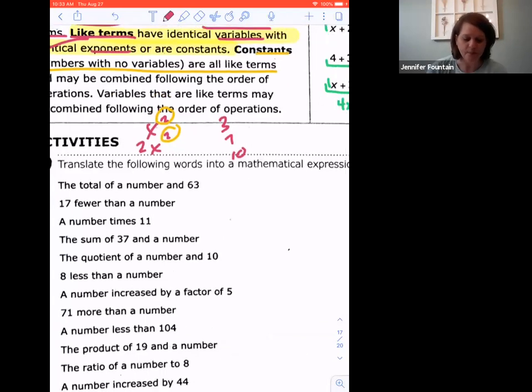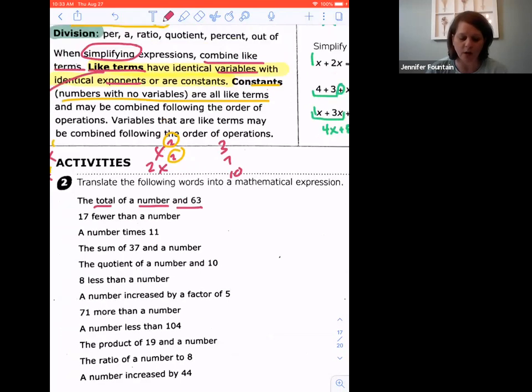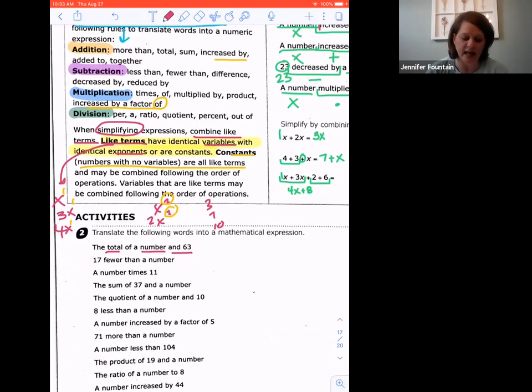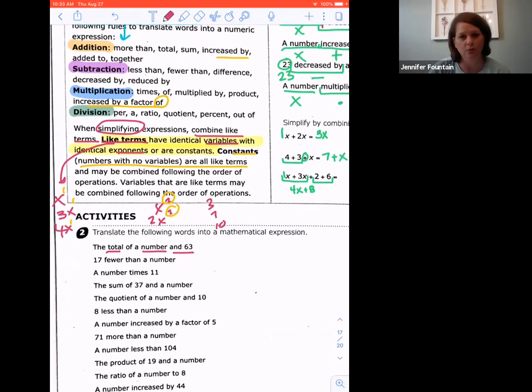Okay, so it says the total of a number and 63. So the first thing I want to do is underline total, okay? The total of a number and 63. What word or what operation am I going to be looking at when I hear total?